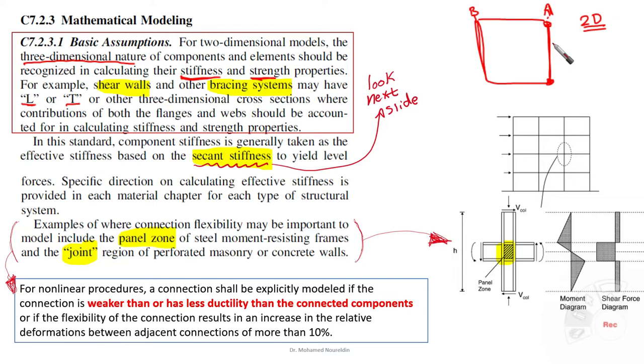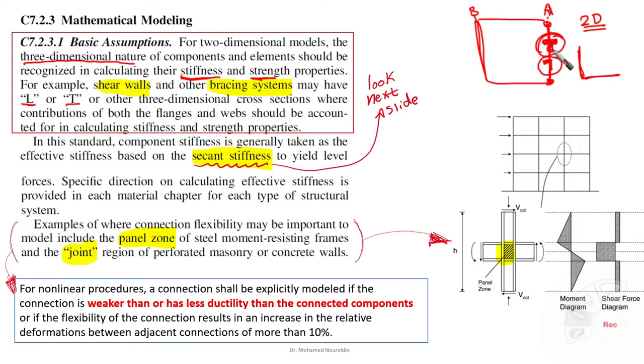Then if you have a T shear wall, for example, here, or an L, in this case you need to take this T section or L section of the shear wall, draw its force deformation relationship, and take into consideration its 3D effect.